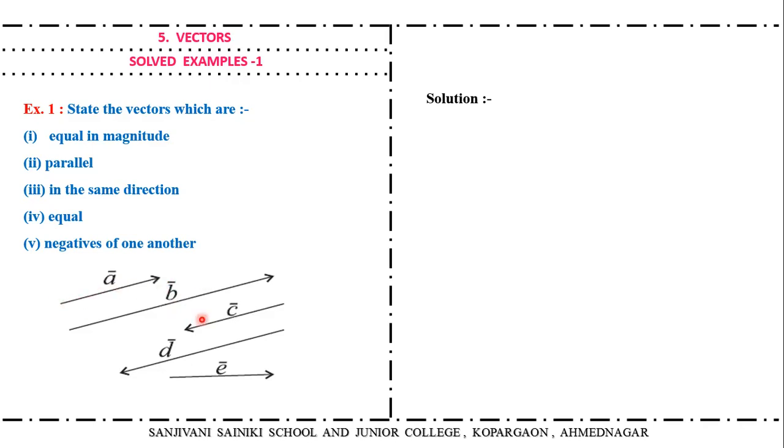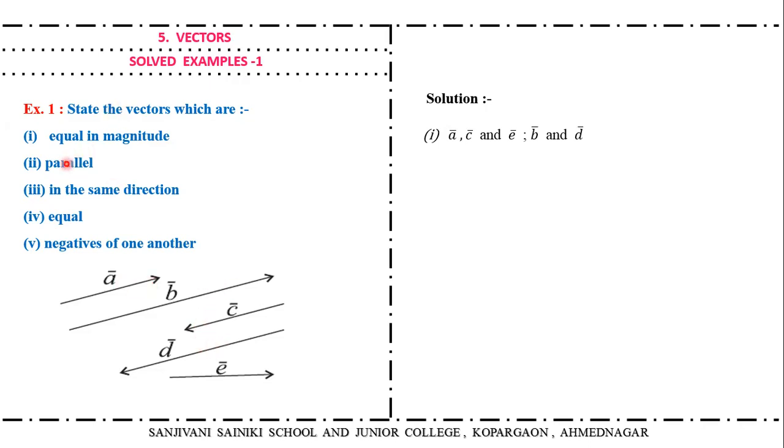A bar and B bar have opposite directions, so these are negatives of one another. Again, B bar and D bar are not having the same direction, and the length is also somewhat different.